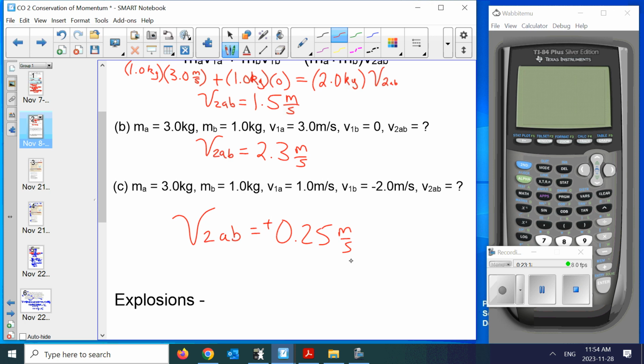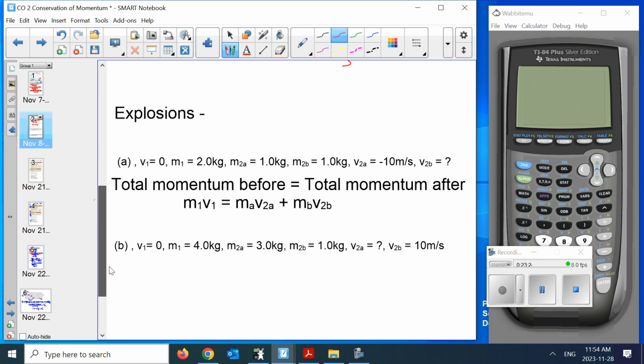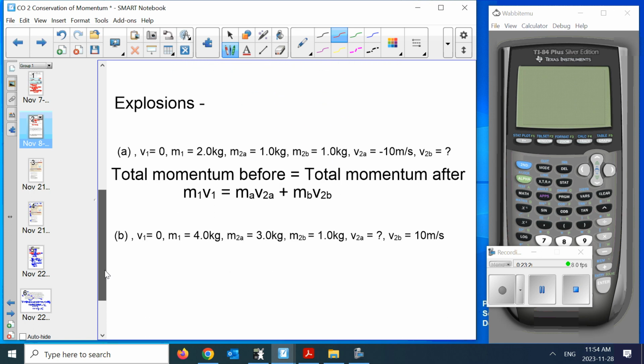Now explosions. It's not necessarily an explosion, but we're going to say both carts are pushed off from the middle at the same velocity. So think of this. V1 is 0 for both objects. They're stuck together. We have a 2 kilogram cart and a 1 kilogram cart stuck together.